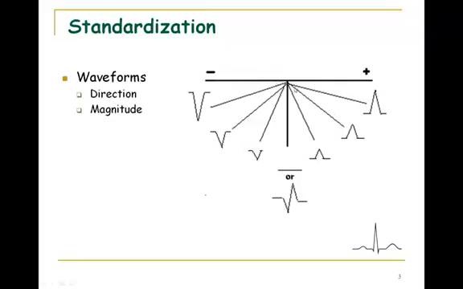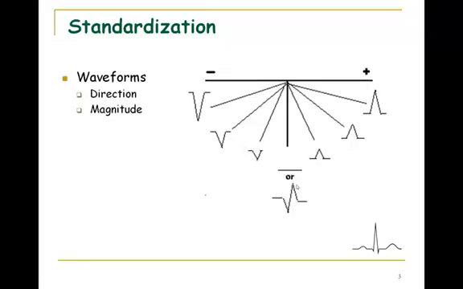As it moves away and is not parallel, the magnitude diminishes. If it's running perpendicular to the lead, you will see a recording that is either baseline or what we call equiphasic. If I did the math and determined the algebraic sum of the voltage, this is a positive and this is a negative voltage, and these end up being 0. They cancel each other out. So this is another thing to keep in mind.